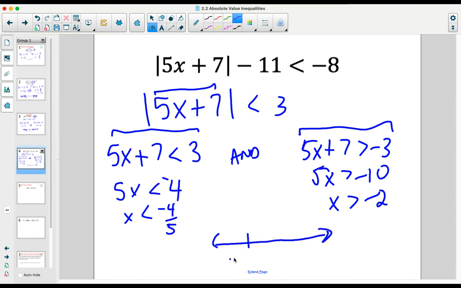So I want to be greater than negative 2, but less than negative 4/5. I want to be in that space in between those two numbers.